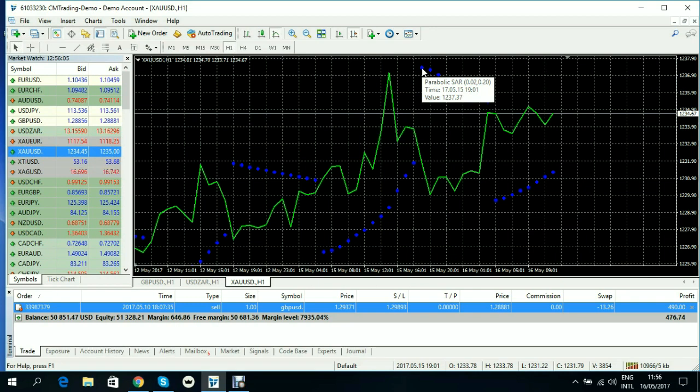With the SAR you can see parabolic SAR, which stands for stop and reversal.